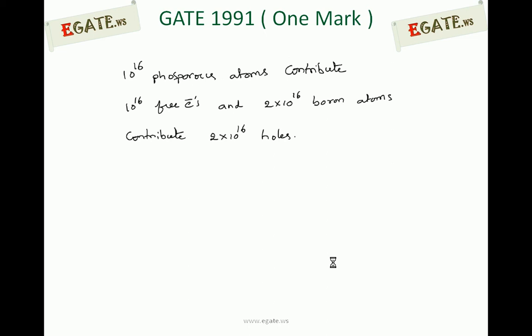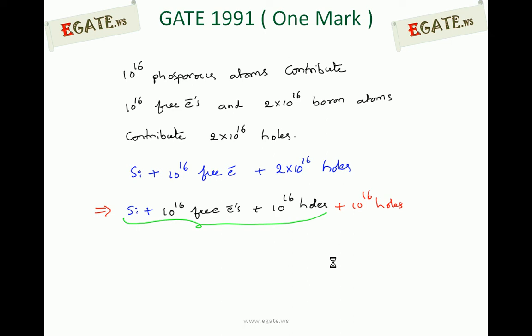Phosphorus is pentavalent, so it contributes 10 power 16 free electrons, and the 2 into 10 power 16 boron atoms will contribute 2 into 10 power 16 holes. Now the semiconductor consists of silicon plus 10 power 16 free electrons plus 2 into 10 power 16 holes, which can be written as silicon plus 10 power 16 free electrons plus 10 power 16 holes plus another 10 power 16 holes.